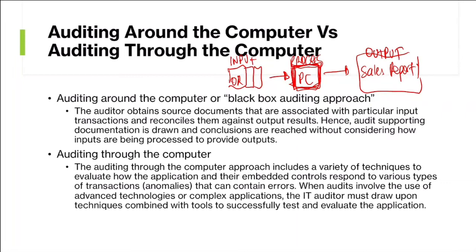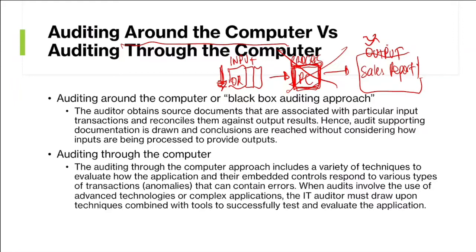Instead of checking the process when you are auditing around the computer, you remove the computer entirely and just check input. So isa-isahin mo yung OR and then match it to the output. So with that, you can say that the process has been correct.